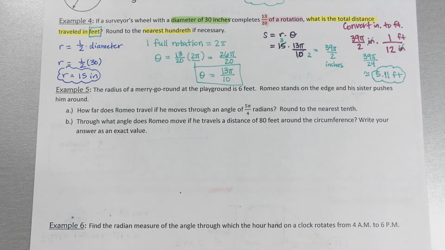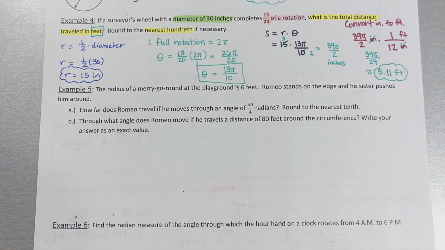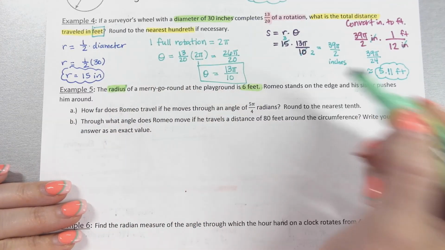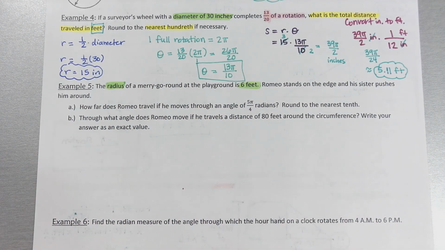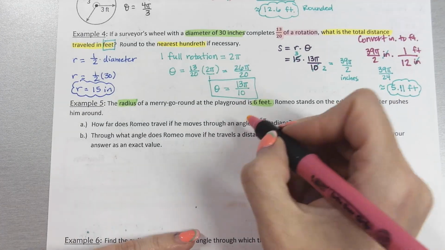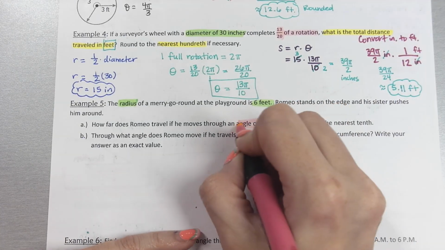Alright, our next word problem has to do with a merry-go-round at the playground. They tell you that the radius is 6 feet. Romeo stands on the edge and his sister pushes him around. How far does Romeo travel if he moves through an angle of 5 pi over 4 radians?